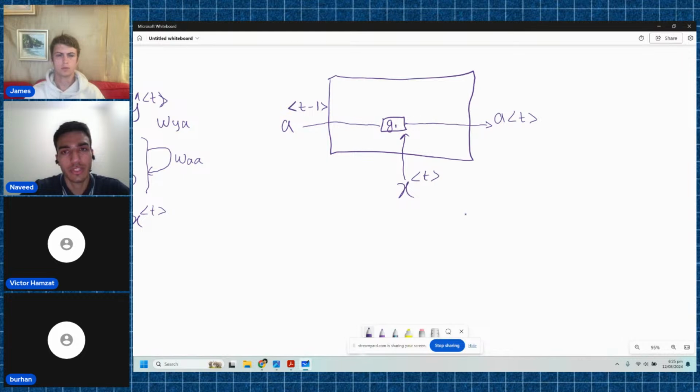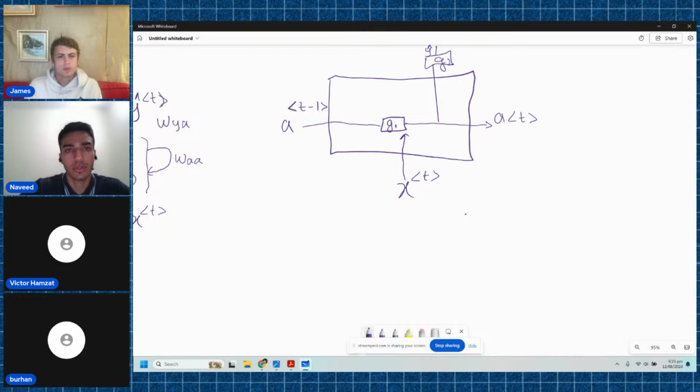Usually, it's called a hidden state in recurrent neural network terminology, but I prefer calling it feedback just to demonstrate what it is doing. And then you can generate an output through, let's say, G2, which is a second activation function, Y hat.